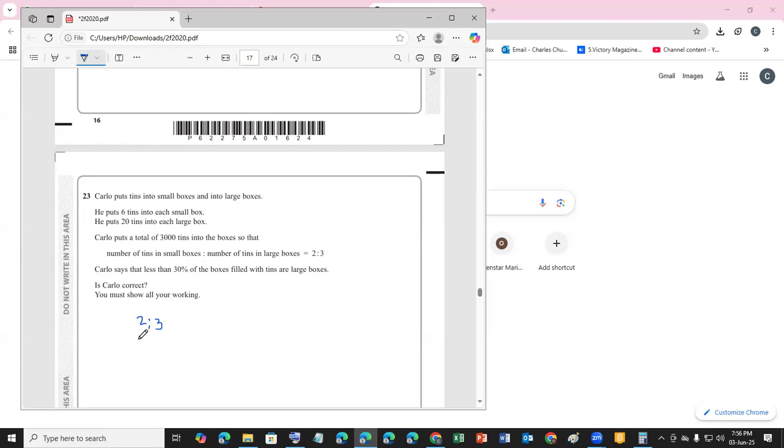So this is small is to what? Is to large. So let's establish the number of things in small boxes, right? So for small boxes, that's going to be 2/5 times 3,000, right?